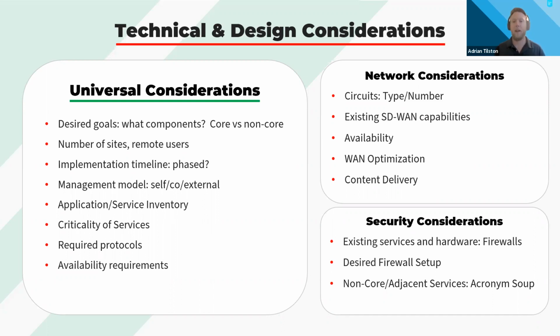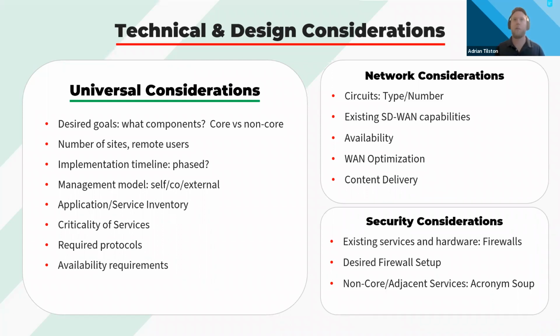Then there's the availability, both of the services with specific protocols and your overall network. Are you going to need to aggregate existing circuits that are coming in and ensure that you have failover and high availability? We'll also go into the design of how many devices you need at each branch site.